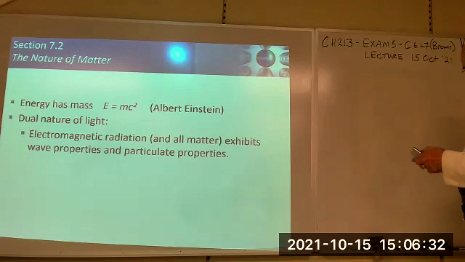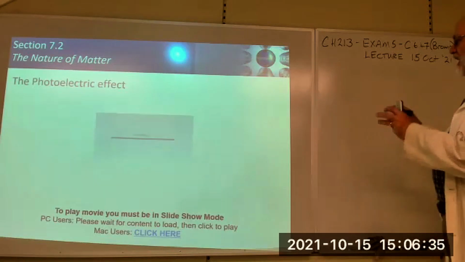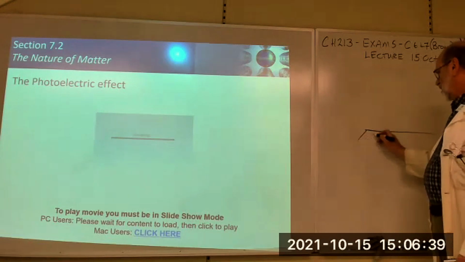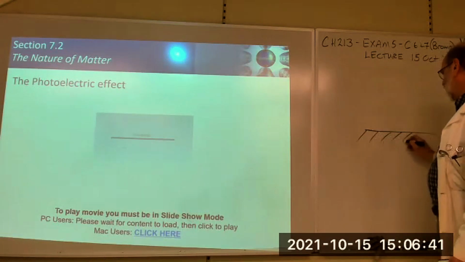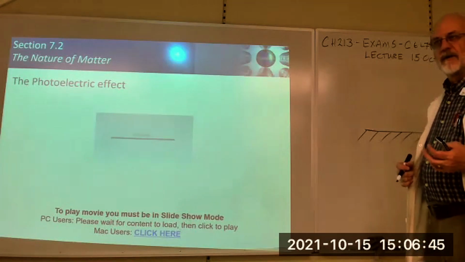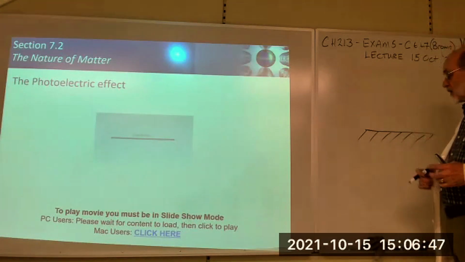Okay, so in short, the photoelectric effect is if you have a substance, usually a metal, because metals like to give up their electrons pretty easily. So they work best for the photoelectric effect.